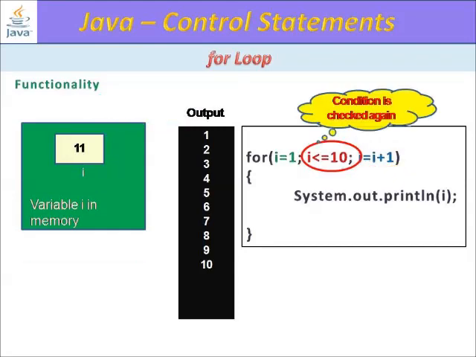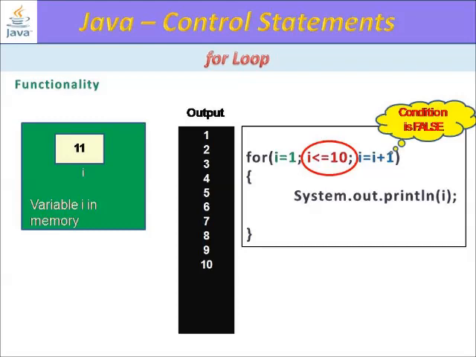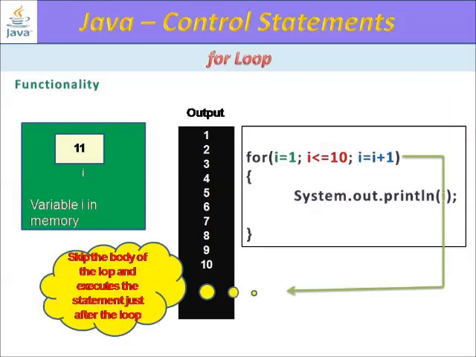So the current value of I is equal to 11. We are checking the condition 11 less than or equal to 10. So 11 less than or equal to 10, the condition becomes false. So once the condition is false, what happens? The flow of execution skips the body of the loop and executes the statement just after the loop.